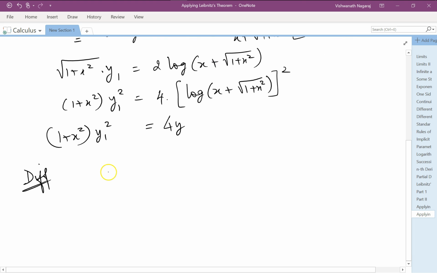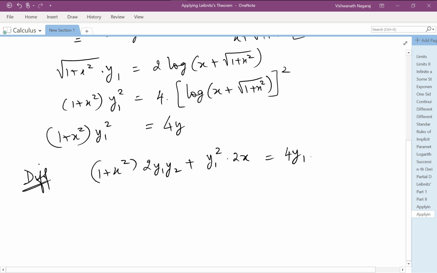Okay, let's differentiate it. 1 plus x square as it is, and y1 we will differentiate, so this will become 2y1 y2 plus, now y1 remains as it is, and we differentiate 1 plus x square, so we get 2x, equal to 4 remains as it is, y becomes y1.